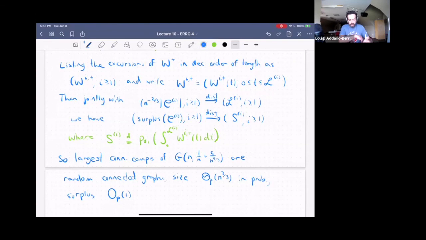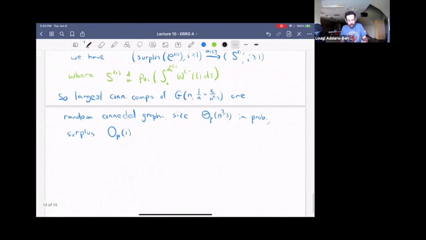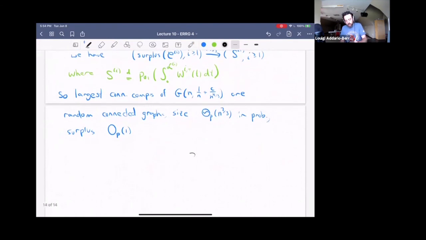Okay. And so this really puts us back in the regime of the graphs we studied in the first part of the course, right? Because we saw that if you fix a large random graph with a large number of vertices and a fixed surplus, then we actually know how to build one of those distributionally.